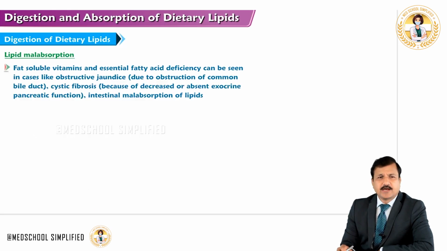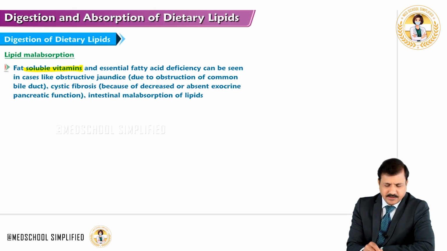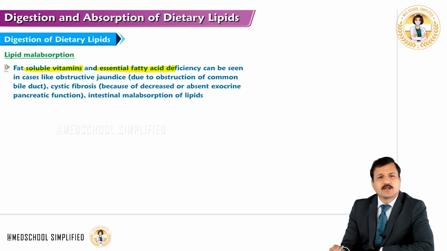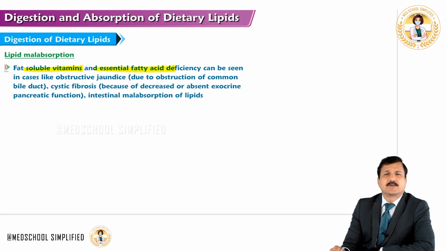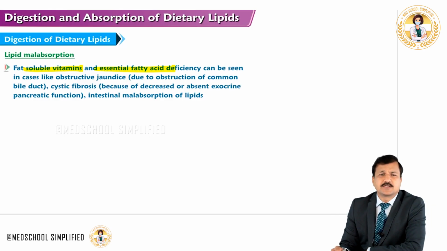Now in steatorrhea, there will be deficiency of fat soluble vitamins A, D, K, and essential fatty acids. This can be seen in conditions like obstructive jaundice or cystic fibrosis or intestinal malabsorption of lipids because of damage to the mucosal membrane or inflammation of the intestinal mucosal membrane.